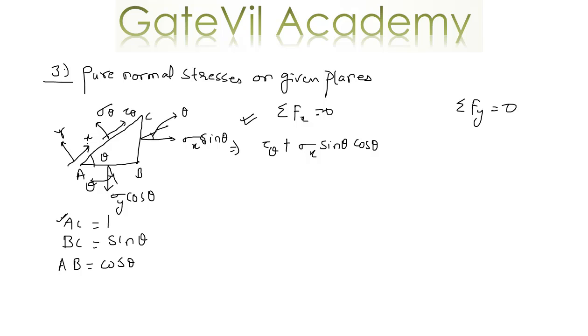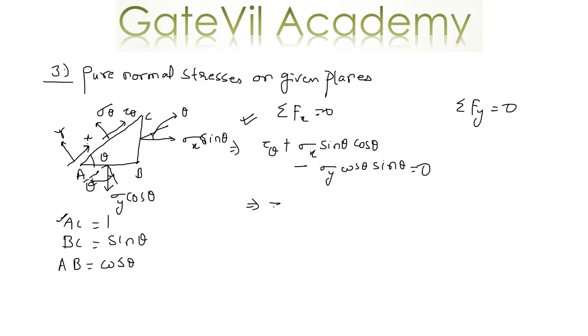Then we'll have another component from sigma y cos theta, but this will be in the opposite direction, so it will be minus sigma y cos theta times sine theta. There is no other force here, so this will be equal to 0.